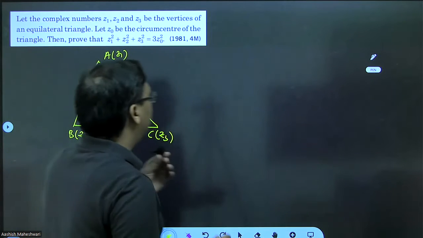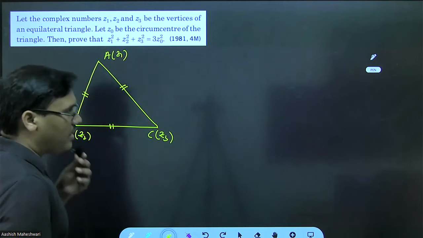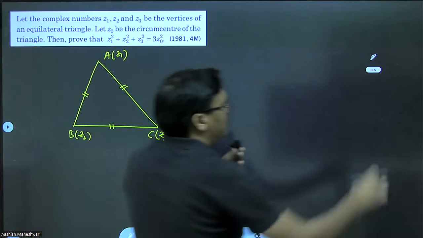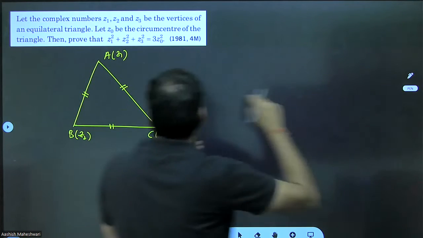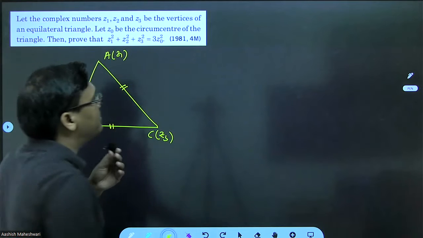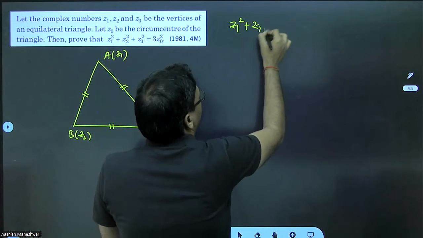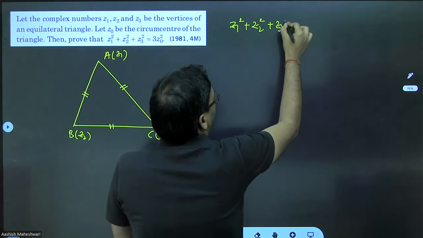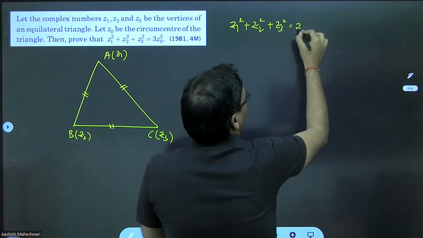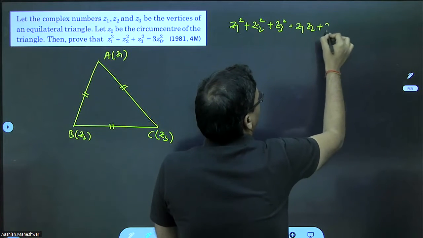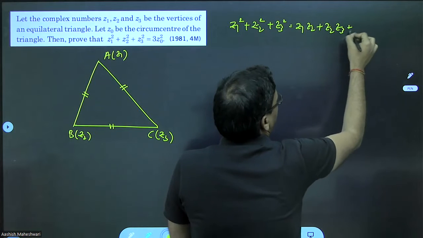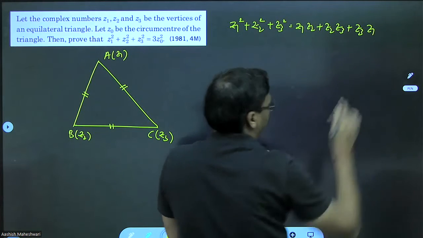Now, before solving this, you must remember one result for any equilateral triangle. If you have Z1, Z2, Z3 vertices, then always remember this result. Z1 square plus Z2 square plus Z3 square is equal to Z1 Z2 plus Z2 Z3 plus Z3 Z1.